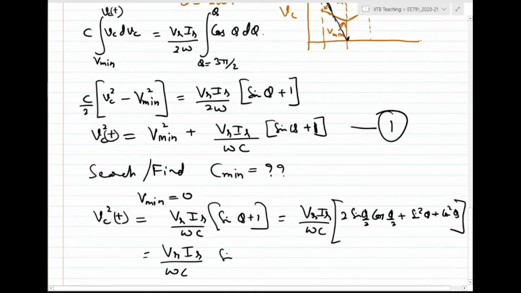So it is sine theta by 2 plus cos theta by 2, whole square.